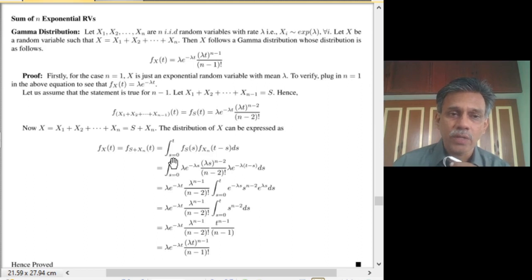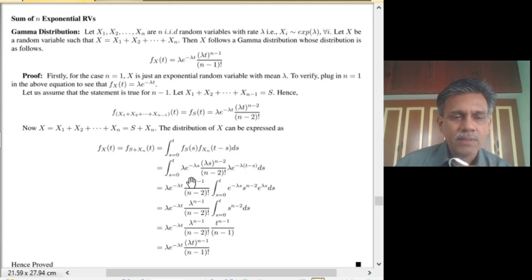Integral 0 to t, for fs of s, we will put this formula, where in place of t we put small s. So lambda e power of minus lambda s, lambda s power n minus 2 by n minus 2 factorial, into, for Xn we will put lambda e power of minus lambda, evaluated at t minus s. So that is what we will put.